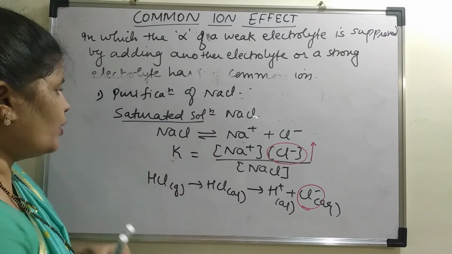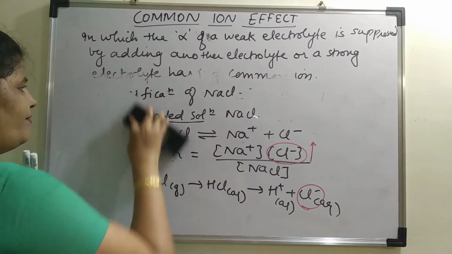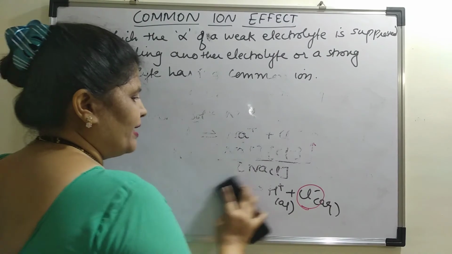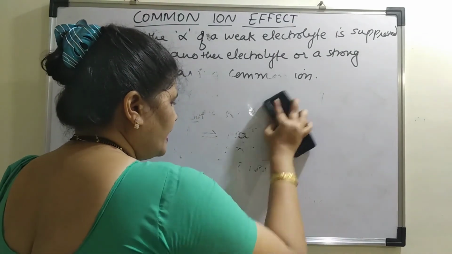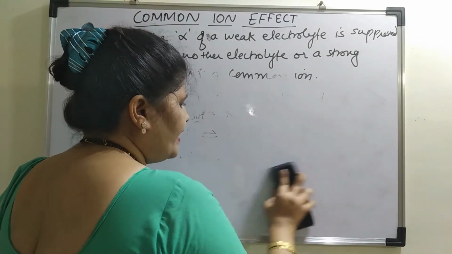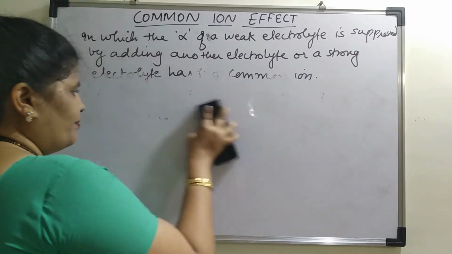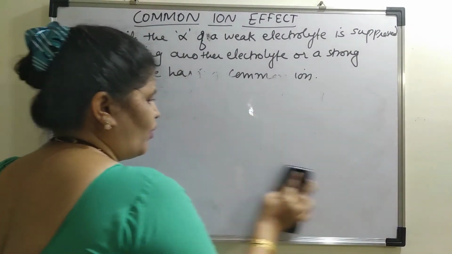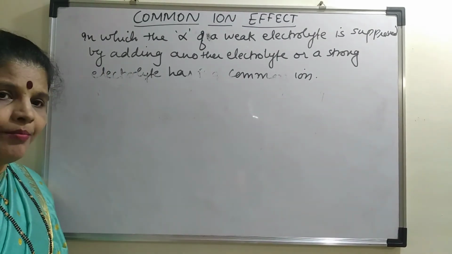The third important application of this common ion effect is in gravimetric analysis to wash the precipitates. Now what is gravimetric analysis? There we find out a particular type of ion present in the given salt by formation of its corresponding precipitate.